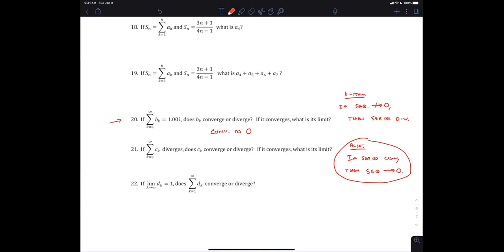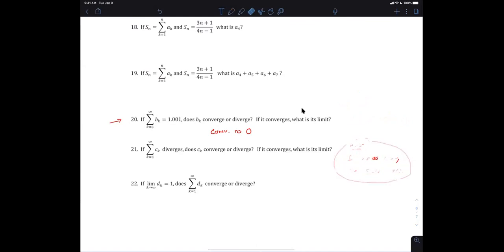So wait, it's just saying the sequence is not equal to 0, so it then converges to 0? No, this is telling you, so you always have a sequence and a series, right? The sequence is the thing inside of the series, and then you've got the series itself.